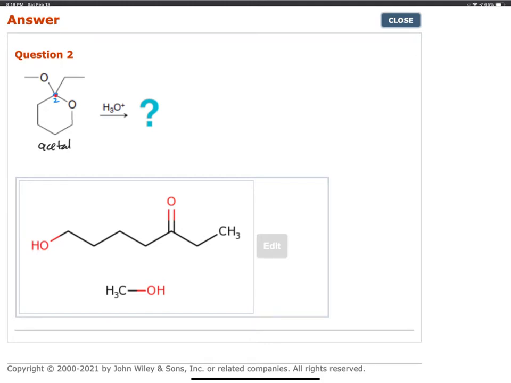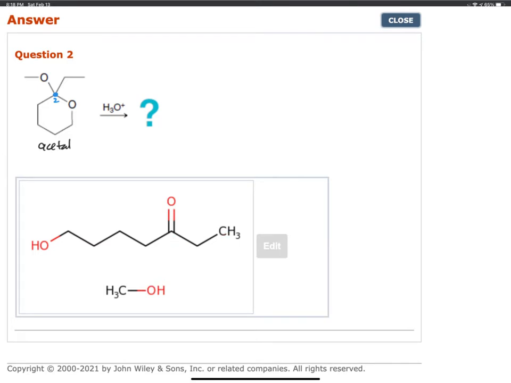And if we trace along this skeleton, this oxygen is bonded through the backbone, so it's retained in the ketone molecule. So this is the correct product.